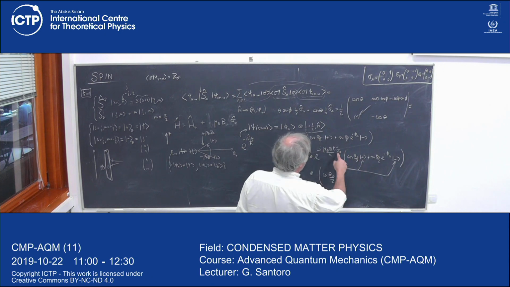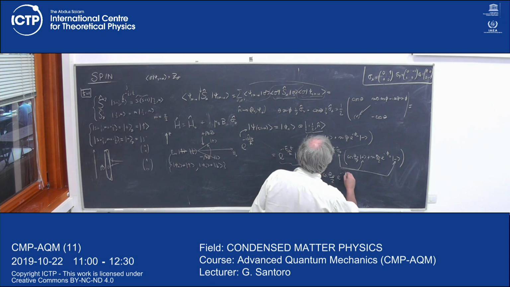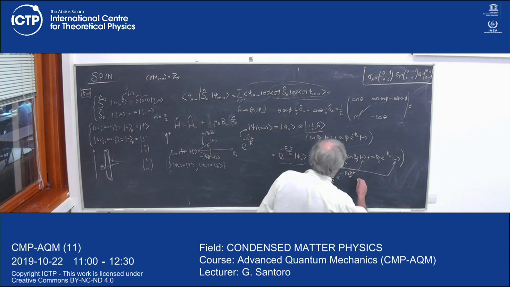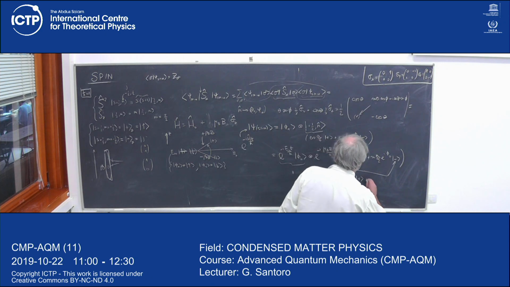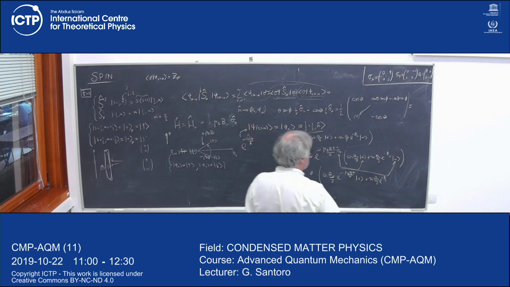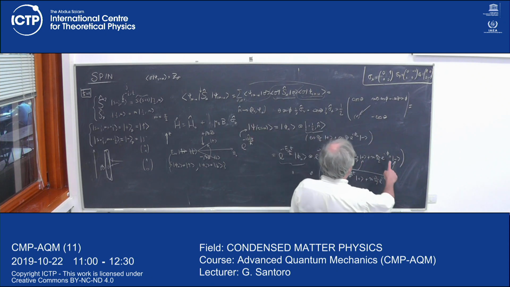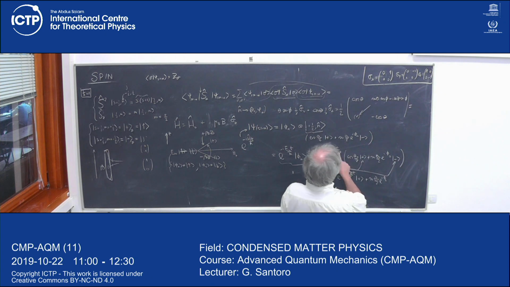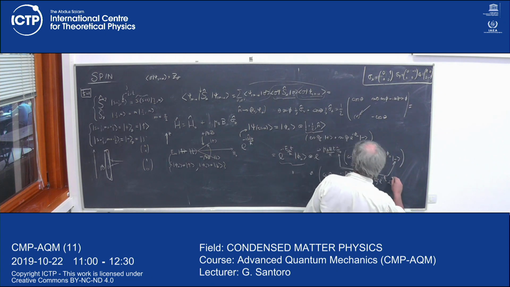And therefore here you can put e to the minus i mu_B B t over h bar times the plus, plus sine theta_0 over 2 e to the i phi_0, the original direction, times, now I have the minus here, which means that here I have a different sign, e to the plus i mu_B B t over h bar, minus. Did you follow so far?